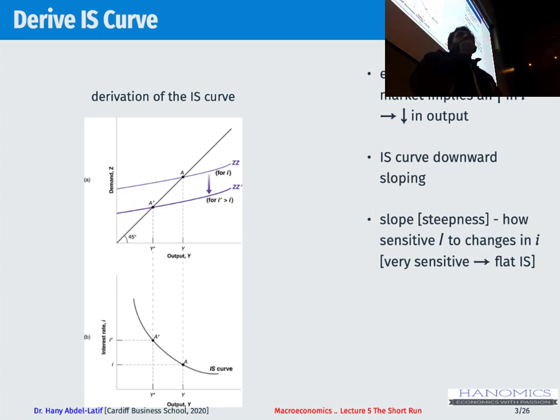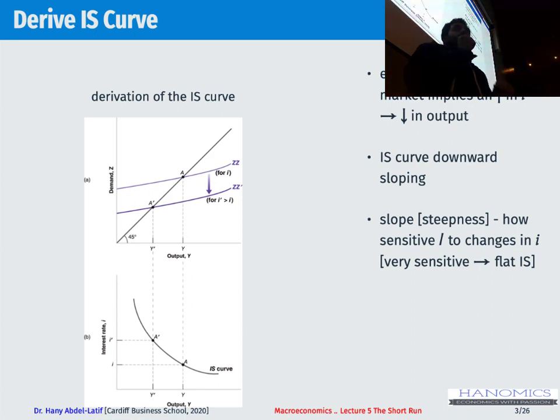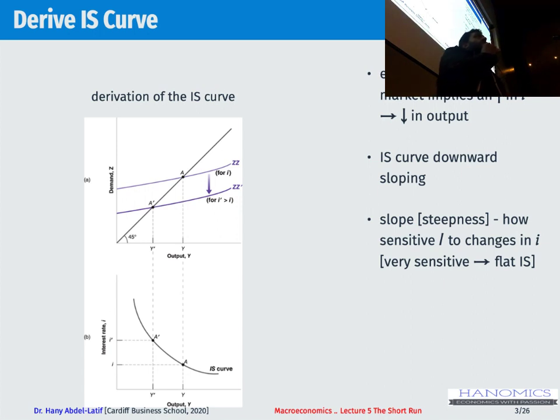We also learned about what shifts the IS, which is very important because that's what we are going to see when we talk about policy analysis. So what we finished the first part of the lecture with was a general rule that you keep in mind.